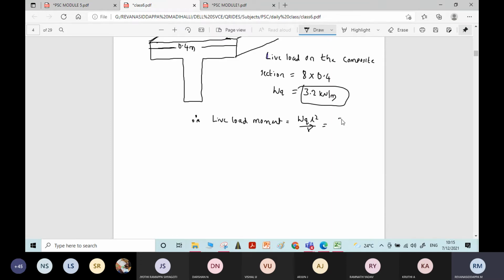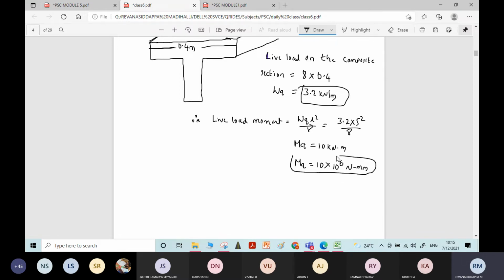WQ is 3.2 into 5 square divided by 8. Tell me the answer. This is MQ, live load moment. 10 kilonewton meter. Therefore, MQ is equal to 10 into 10 power 6 Newton millimeter.